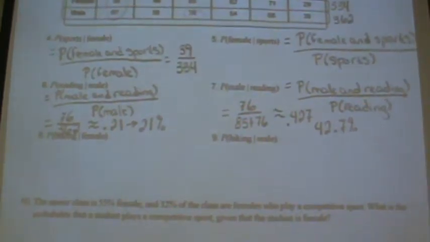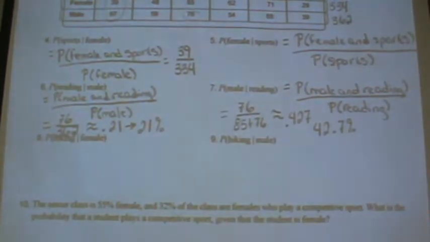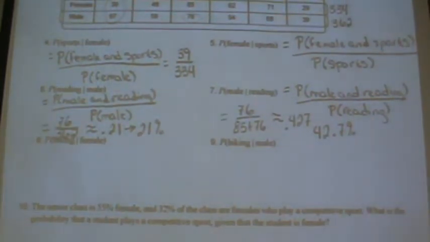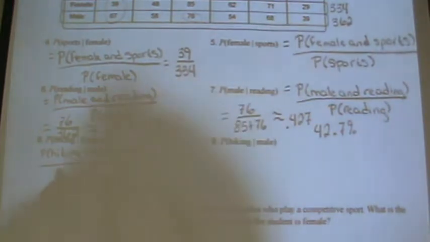Number 8. What's the probability of hiking given that you're a female? So this is the probability of hiking and female divided by the probability of female.